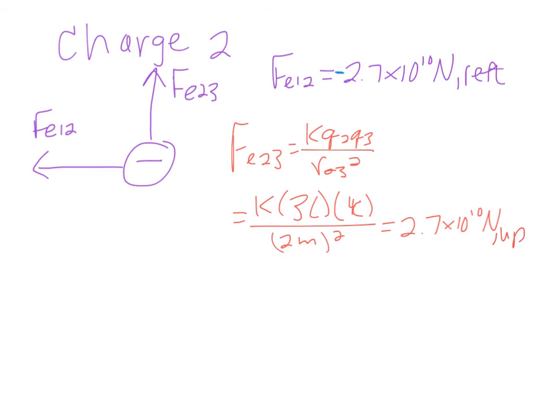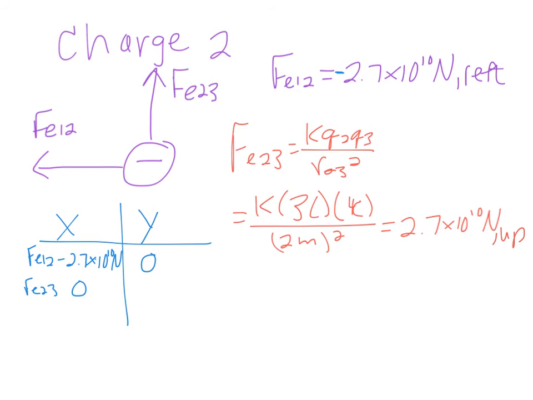Breaking both of these apart into their x and y components, they are both along the x and y axes, so there's no trig here. Fe12 is only in the x direction, and it's negative. So negative 2.7 times 10 to the 10th newtons, nothing in the y.